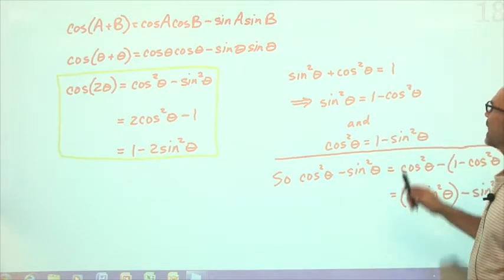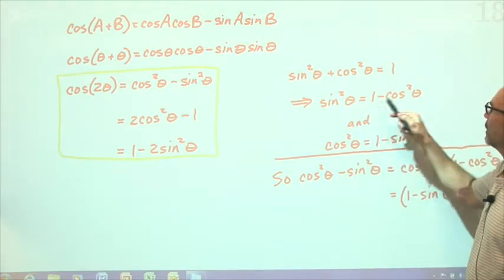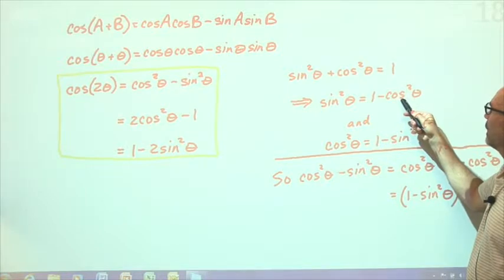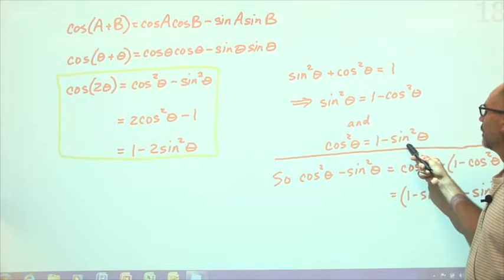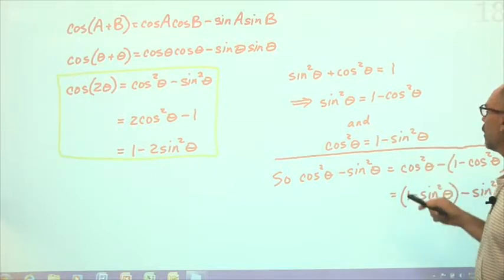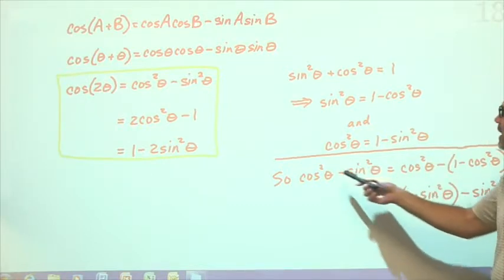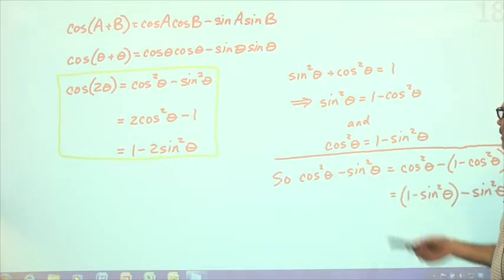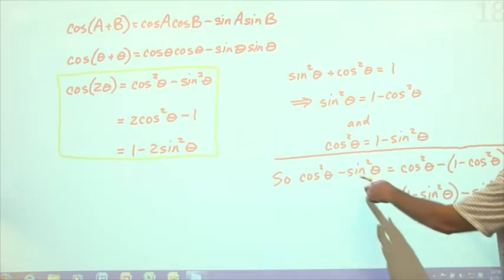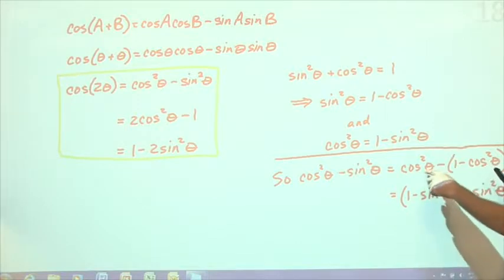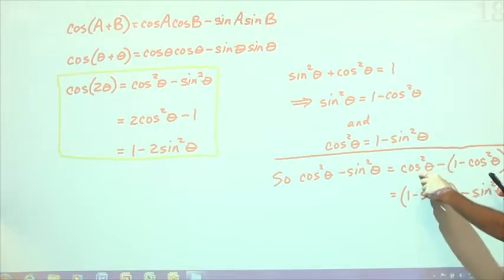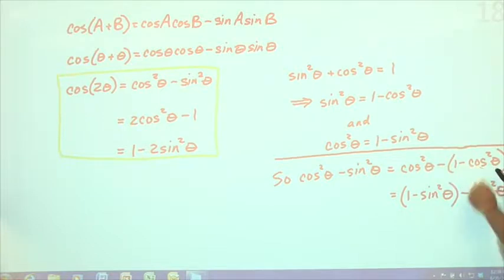because we can change sine squared into 1 minus cosine squared, and we can change cosine squared into 1 minus sine squared, then we can also change the cosine squared minus sine squared. We could either make it all cosines, so make it cosine squared minus 1 minus cosine squared, and that's going to be, notice, cosine squared minus a negative cosine squared.